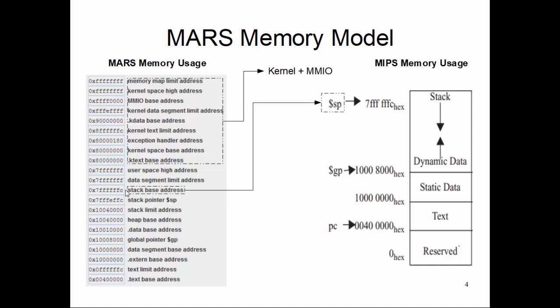Your stack base address, which MIPS points the stack pointer to, is 7FFFFFFC. That is your stack base address for your stack usage of the memory. Now the higher address, 7FFFFFFF, is defined as the user space high address, meaning users are not supposed to go beyond that.